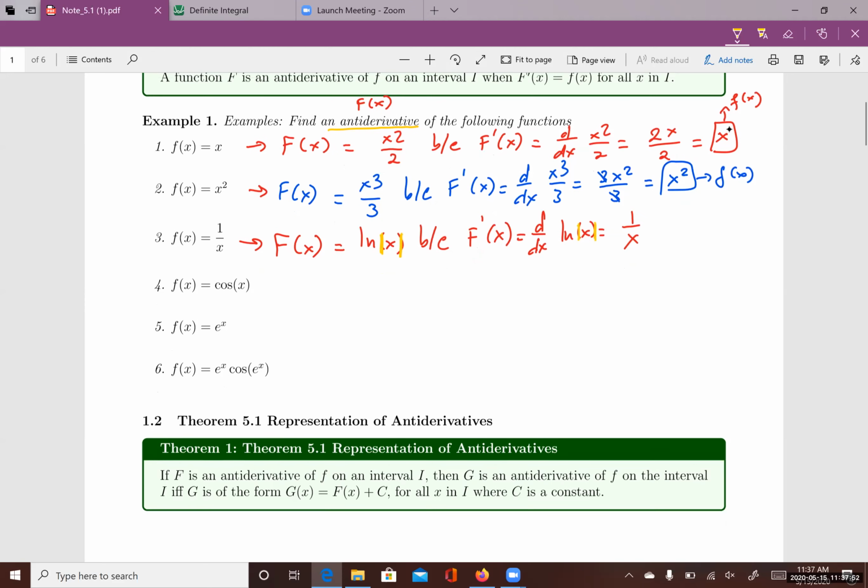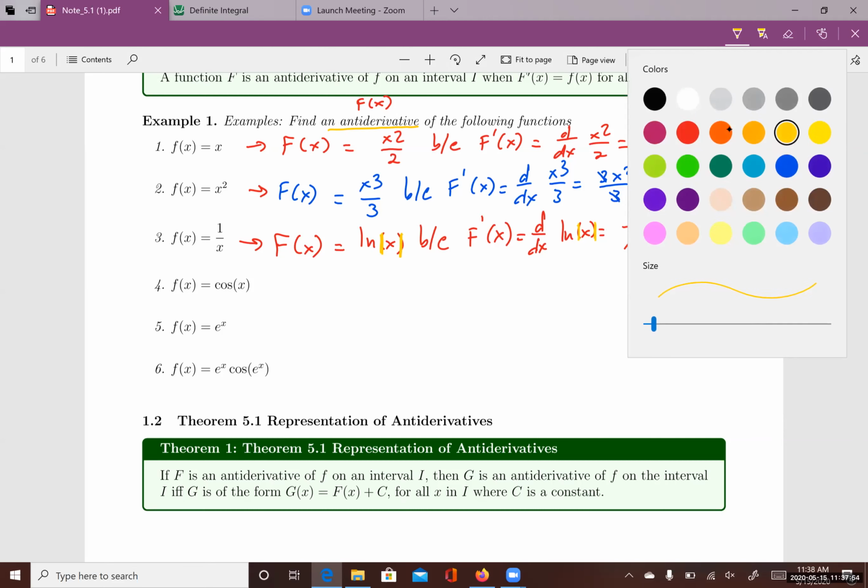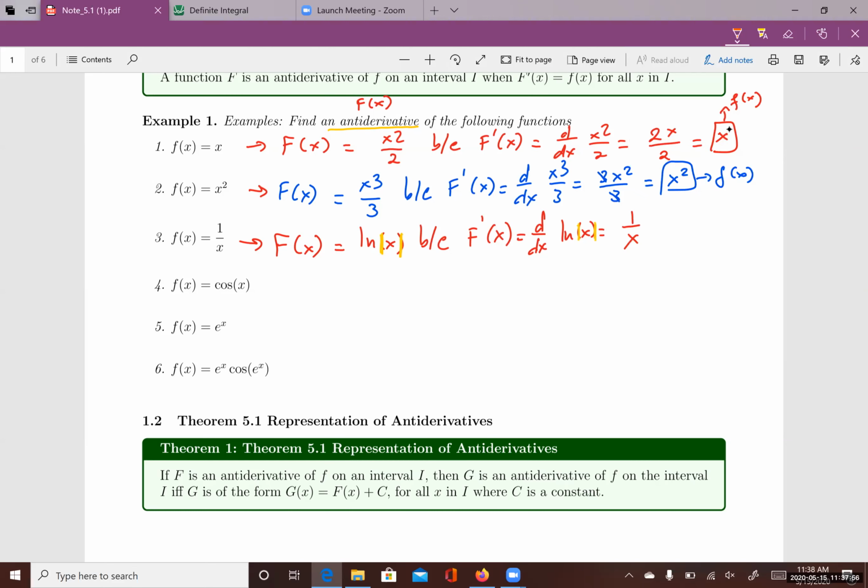Next, if you have the function cosine of x, what should be an antiderivative of cosine? Sine and cosine are related, so I would say sine, because if I take the derivative of the sine function, I get cosine.